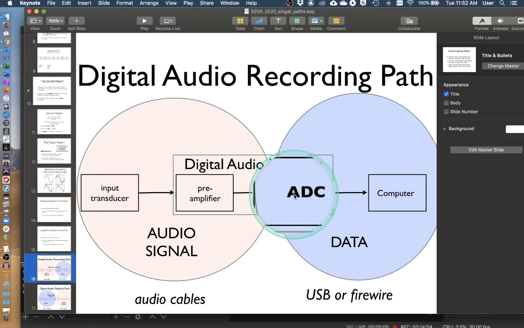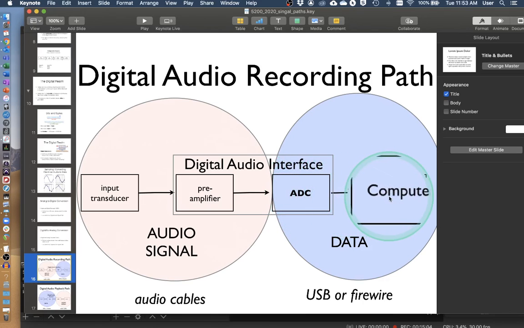That preamp is then sent to an ADC, which stands for analog to digital converter, and that is sampling your incoming audio signal and sending that data stream to your computer. These circles show the change in realm from electric analog to digital.